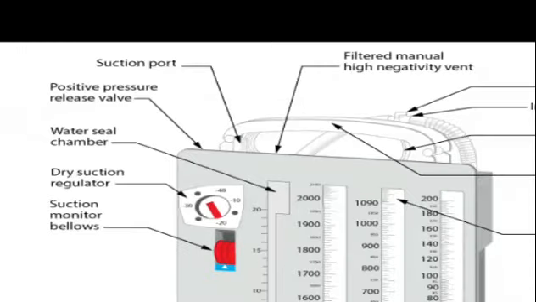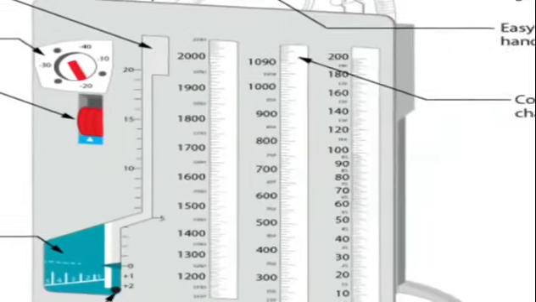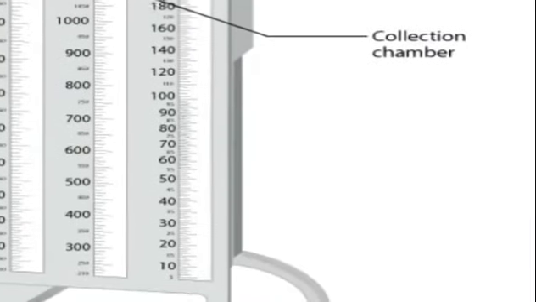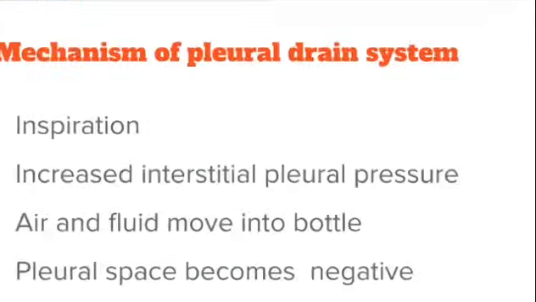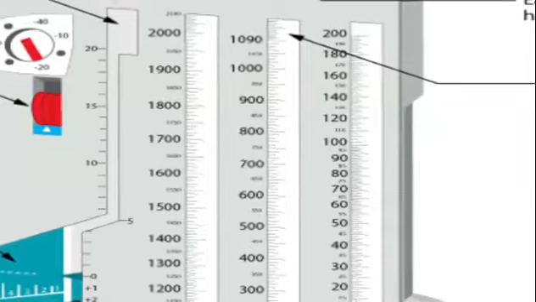There is an air leak monitor, the blue one with the arrow, which will show if any air leak is present in the system. There is a clamp here, the patient tube and the connector, and a chamber of around 2000 ml, that is around 2 liters of fluid we can collect in this drain system.